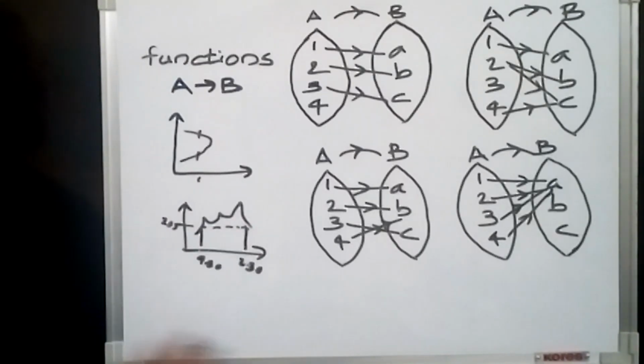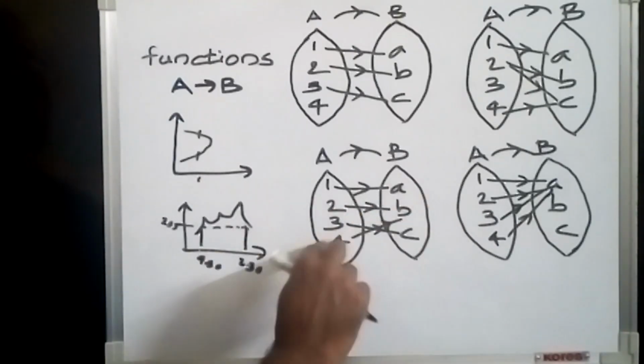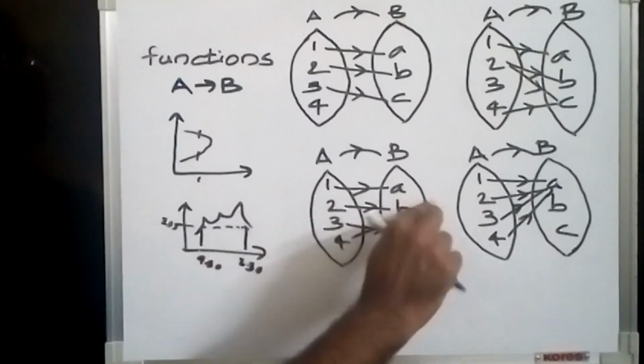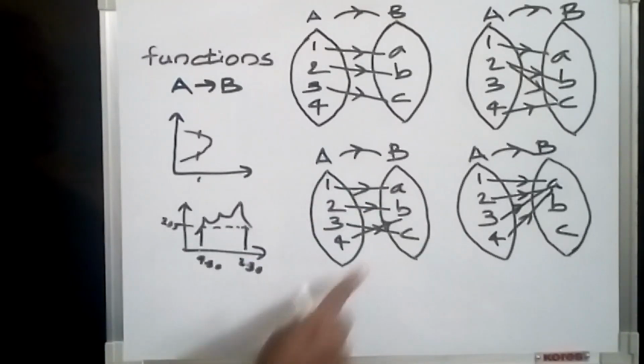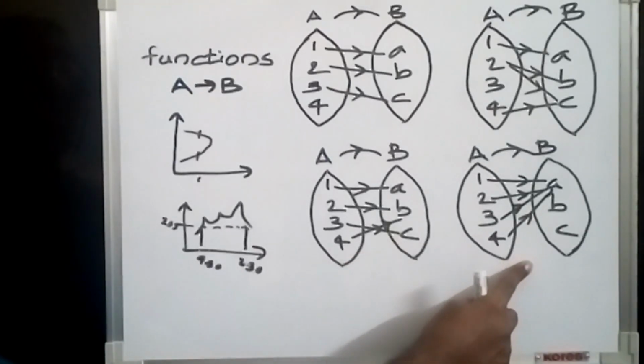Therefore, this case is similar to that problem. At 2 and at 4, it can take the same value b. Therefore, it is also a function.